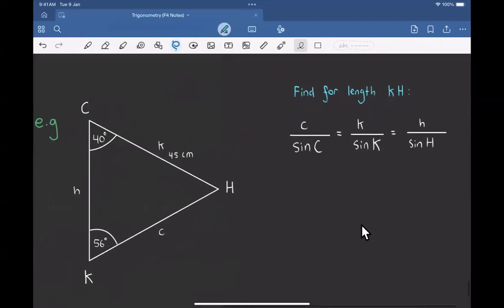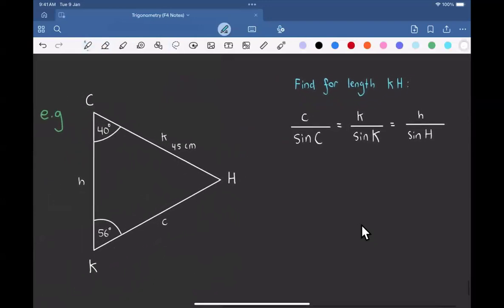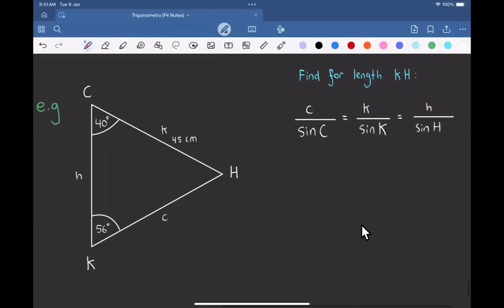Amy, let me show you how we're going to use this. We're trying to find the length KH, so automatically that is c. Which one out of the three do we select? c. And which one do we have all the information for?